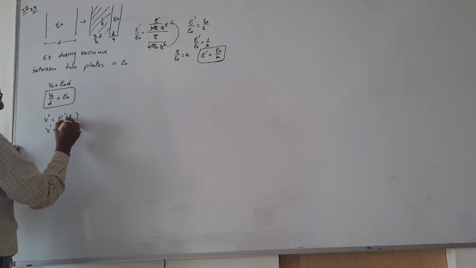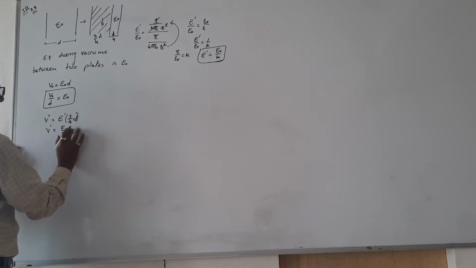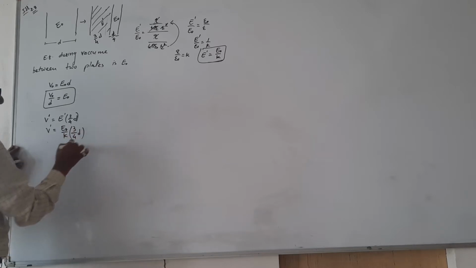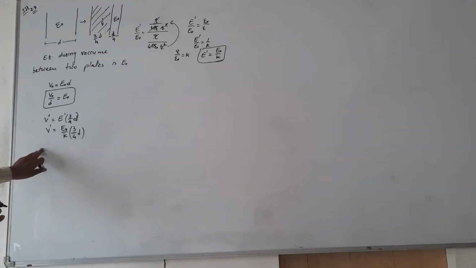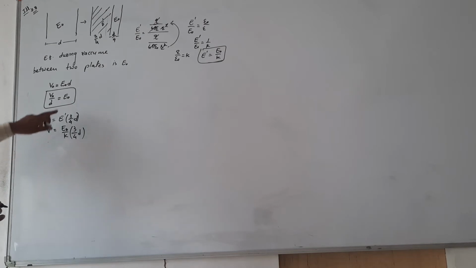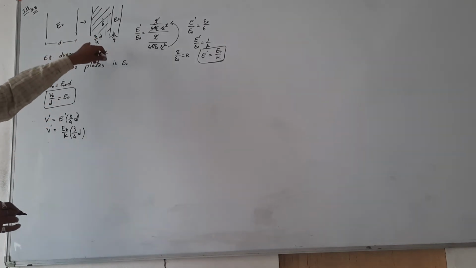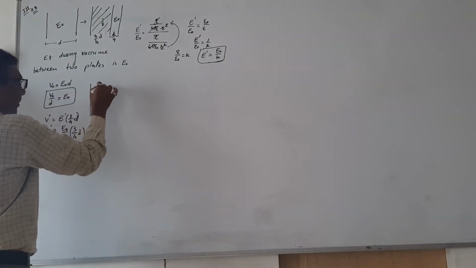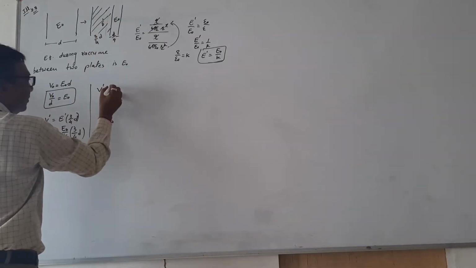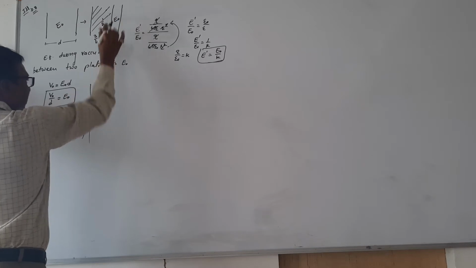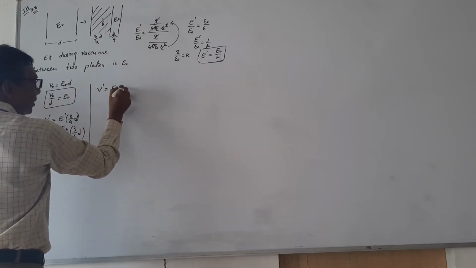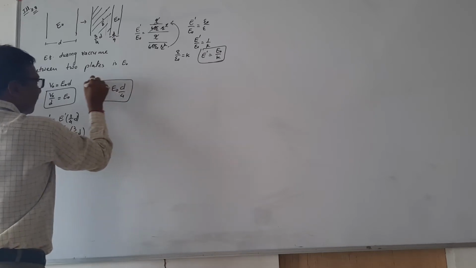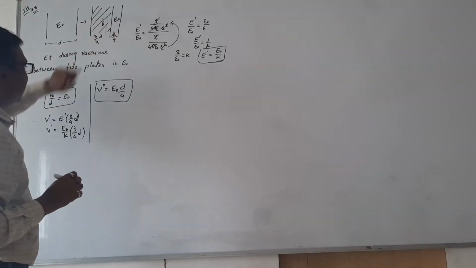It is 3 by 4 D. Do you understand? Your distance is 3 by 4 D. Same as V double dash is equal to E0 D by 4. V dash for this area and V double dash for that area.